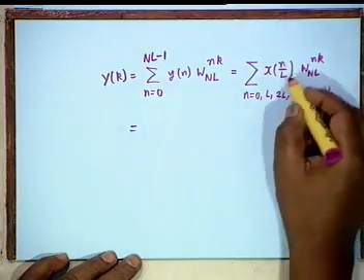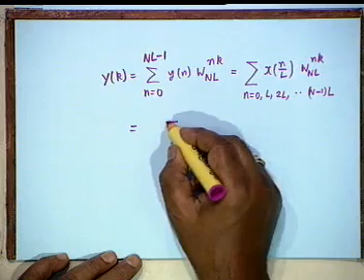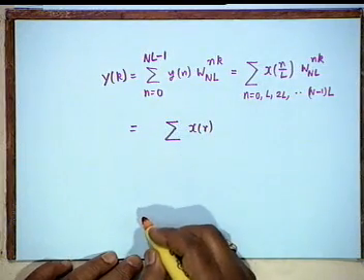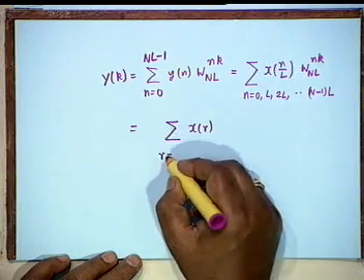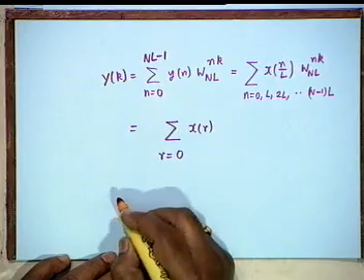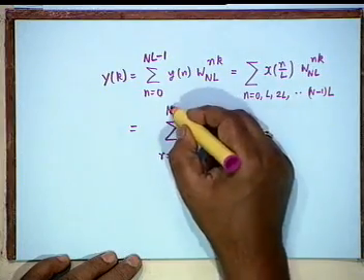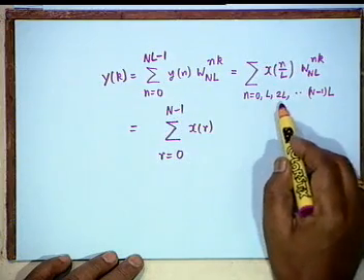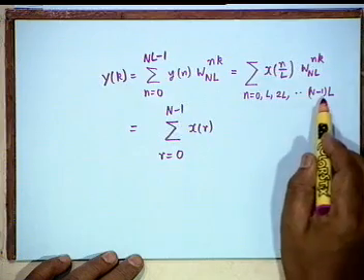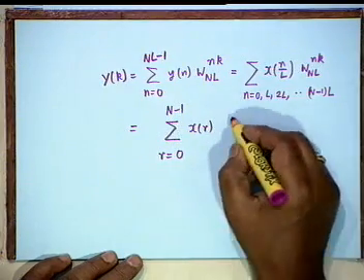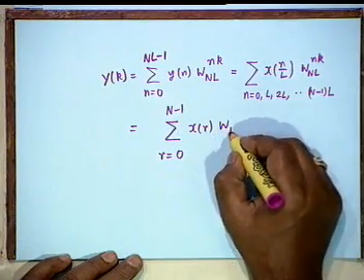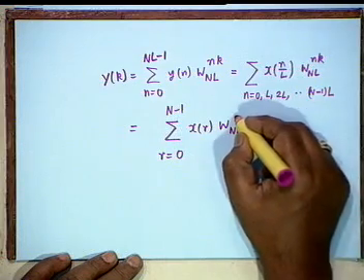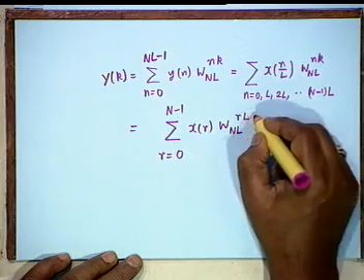Now, we change n by L, we make n by L equal to R, x of R. Then R should go from 0 to n minus 1, agreed? N by L is equal to R, so R is 0, 1 up to n minus 1. Then x of R, W NL raised to the power R L k.